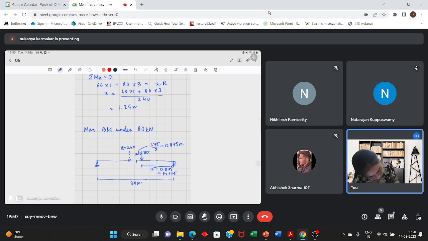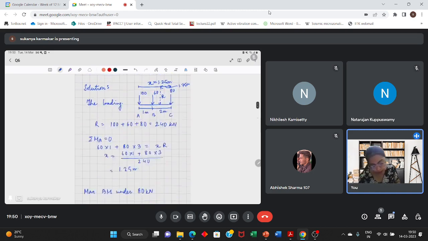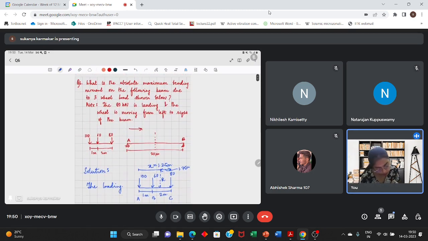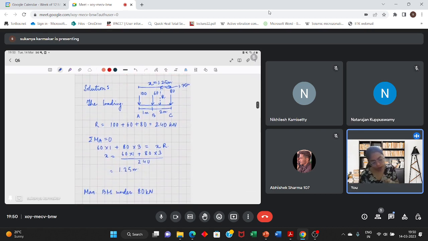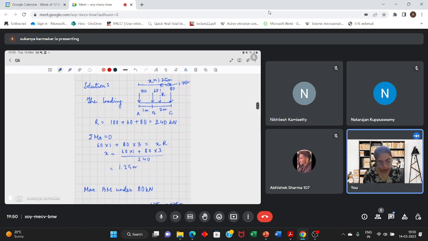Now we'll have to figure out the position of the other loads. How far is the 60 kilonewton from the 80 kilonewton? 2 meters away.